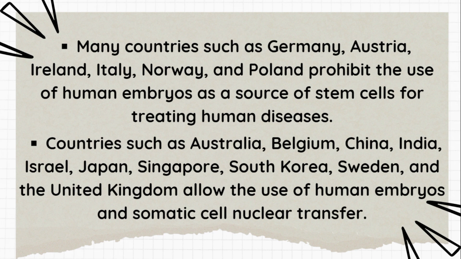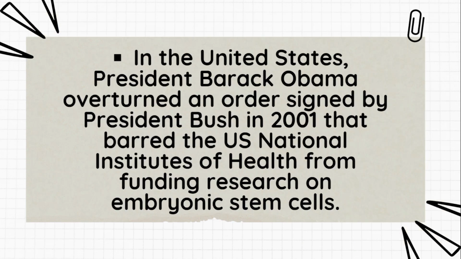Whereas countries such as Australia, Belgium, China, India, Israel, Japan, Singapore, South Korea, Sweden, and the United Kingdom allow the use of human embryos and somatic cell nuclear transfer. In 2001, President George W. Bush signed an executive order that restricted federal funding for research on embryonic stem cells.